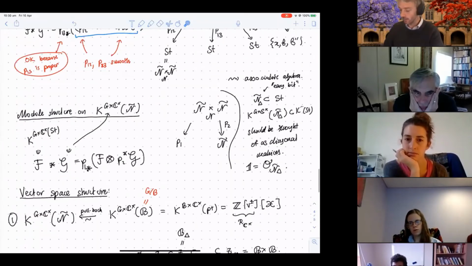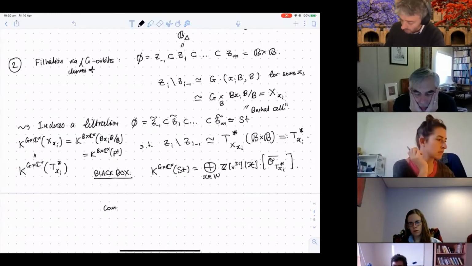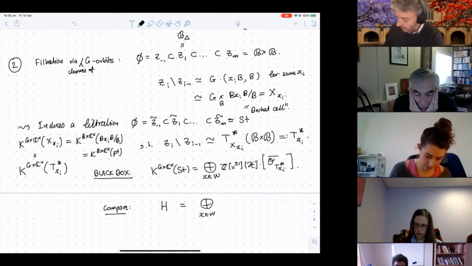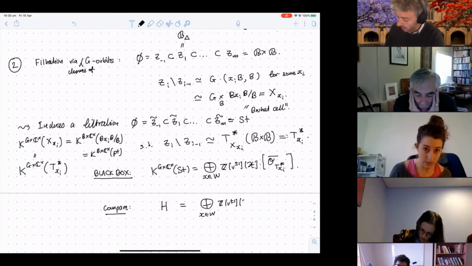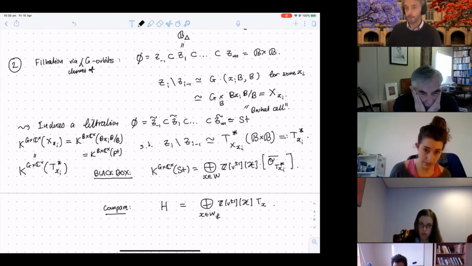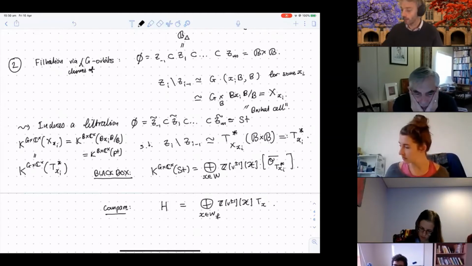And so we should compare with the fact that the affine Hecke algebra is a direct sum over X in W of the lattice part times chi times the finite part. Okay, and these two facts will turn out to be precisely analogous, even though it's certainly not true that this corresponds to this.